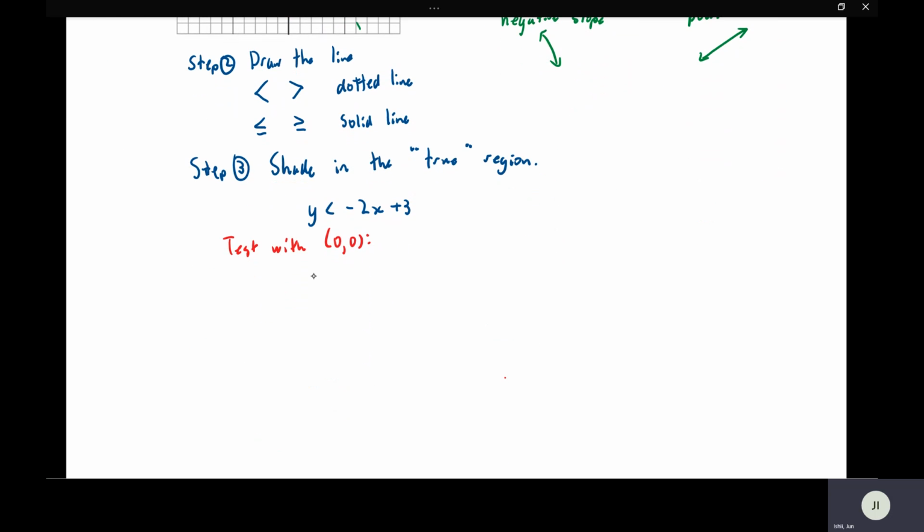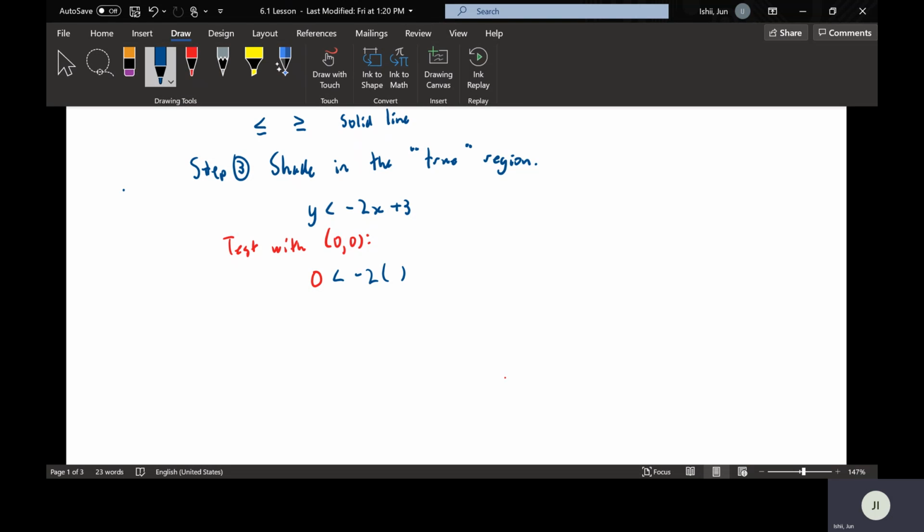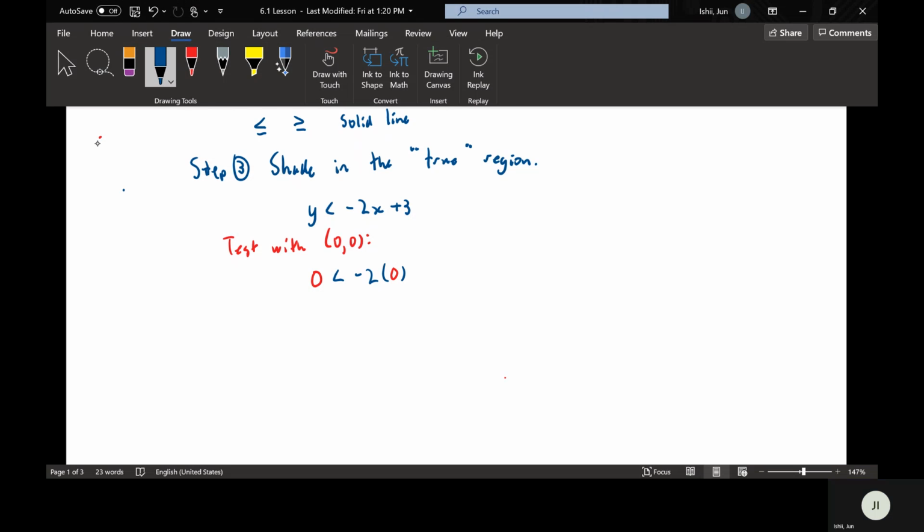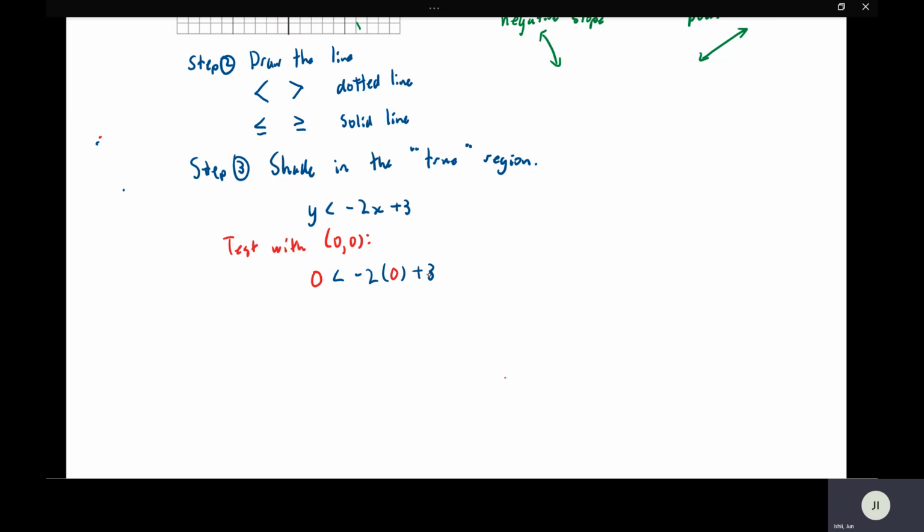So if I plug in 0, 0, for the y it's 0, and I get 0 less than negative 2 times, and for the x I plug in 0, plus 3. I'll work this out: the left side stays at 0. On the right side, negative 2 times 0 is 0, 0 plus 3. So 0 is less than 3.